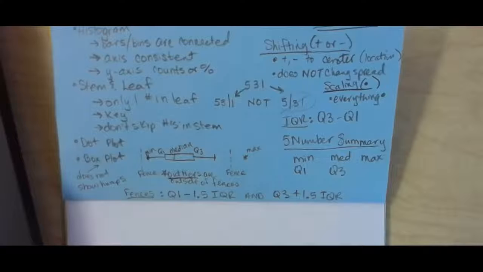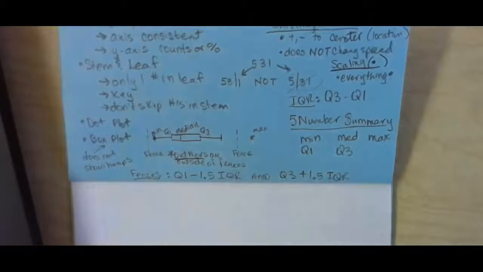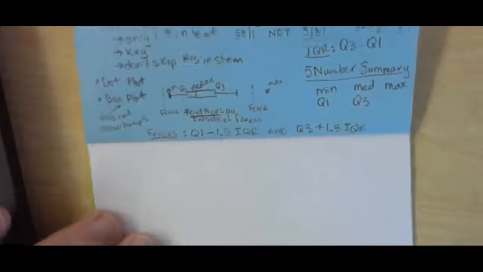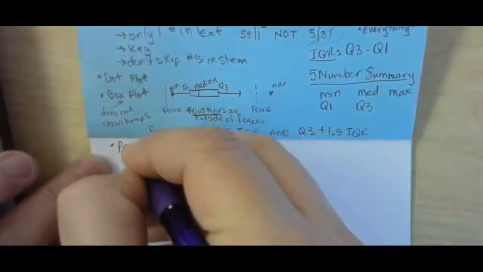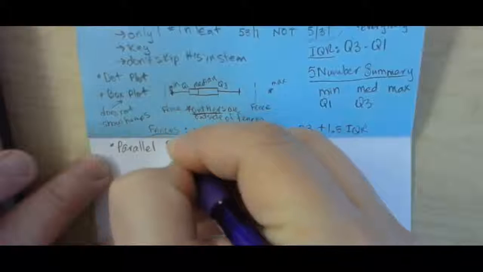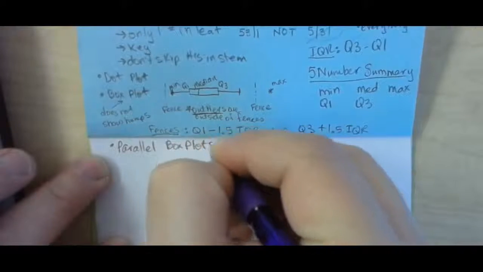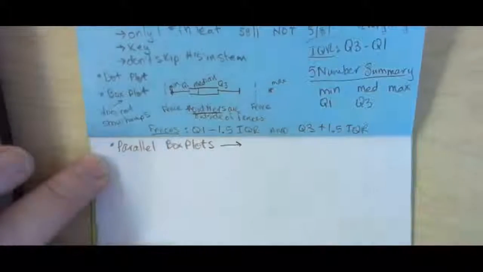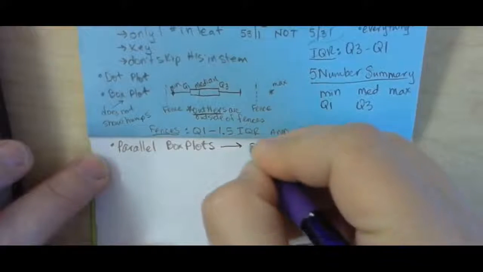Okay, so we got histogram, stem and leaf, dot plot, box plot. We do have one other type of box plot, and again, this is probably the one that I would see on an FRQ question. The next one is parallel box plots. The main thing you have to do with parallel box plots is you have to have the same axis.